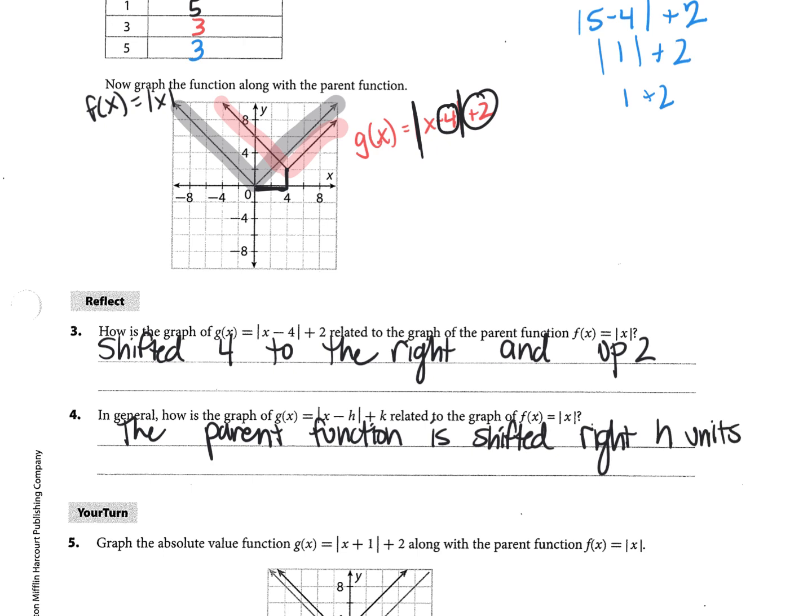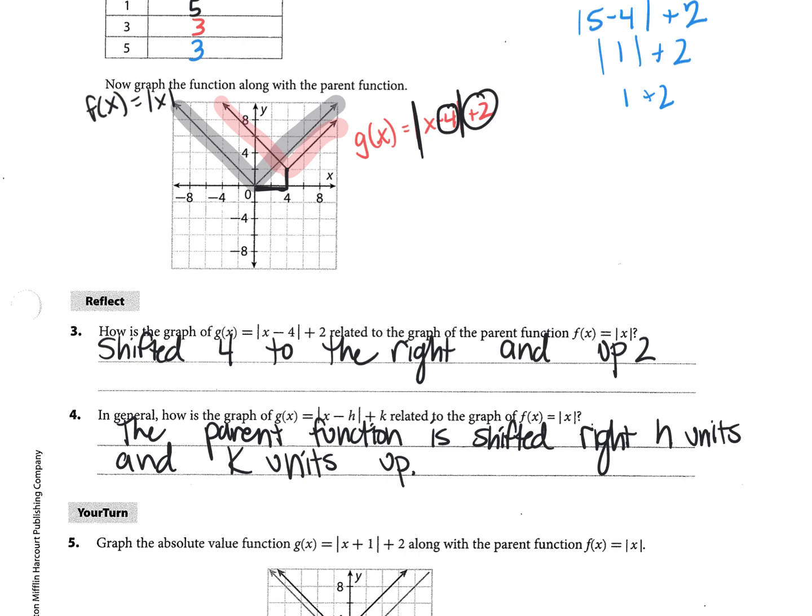So if it was like 5, we would shift 5 units to the right, and k units up. So if k had a value of 7, we would shift that vertex up 7.